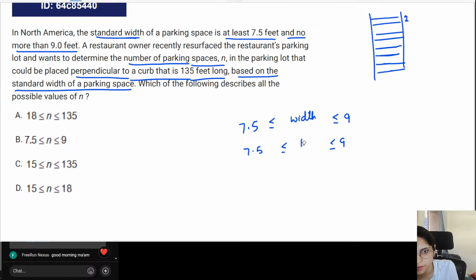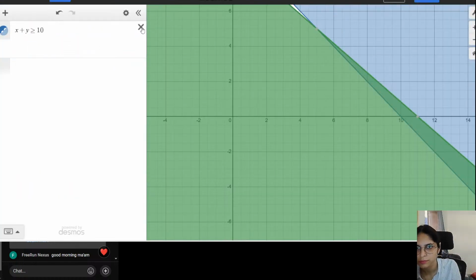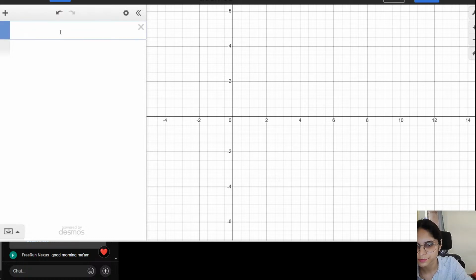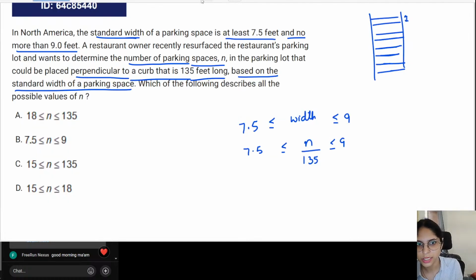Well, it should be n divided by 135. No, that doesn't make any sense. Yeah, that is what I was thinking. So it has to be 135 over n.